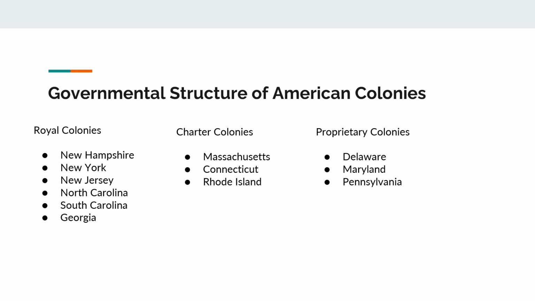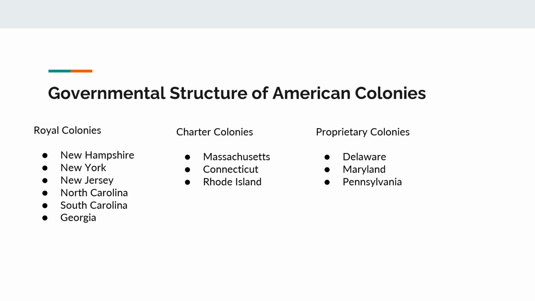There's not much reporting back and forth between Great Britain and North America. Massachusetts, Connecticut, Rhode Island, kind of important to note that a lot of those are the colonies that are more associated with this religious freedom idea of immigration. That's a bit different than some of the other places in North America.